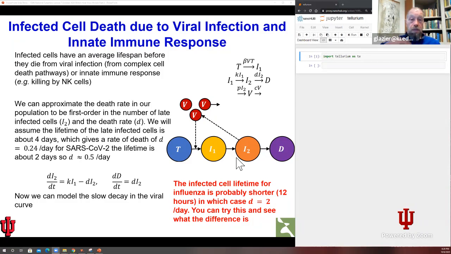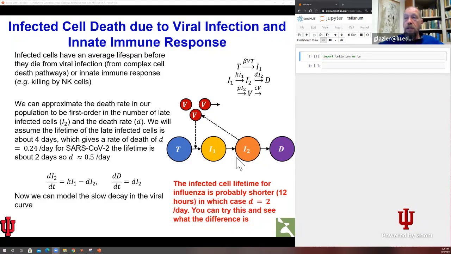One might ask the question, and it would be worth doing as a little homework assignment, I didn't have it here, so maybe make a note of it: add an arrow from I1 to D directly and ask, what happens when you increase the rate of death directly from I1 to D? The answer will be that the virus spreads much less. Because of the way this model is structured, it can't prevent viral spread completely, but it would reduce it.